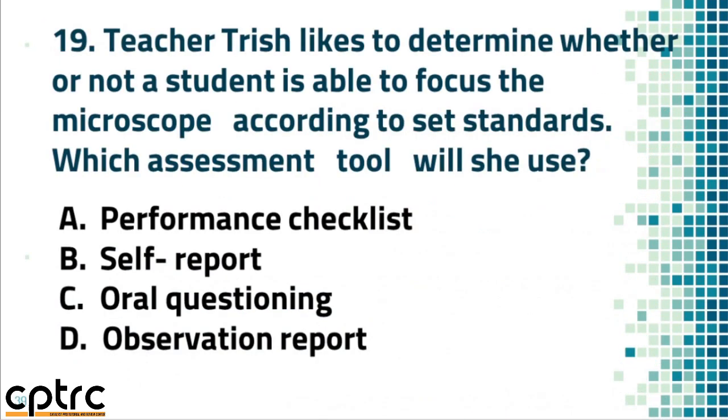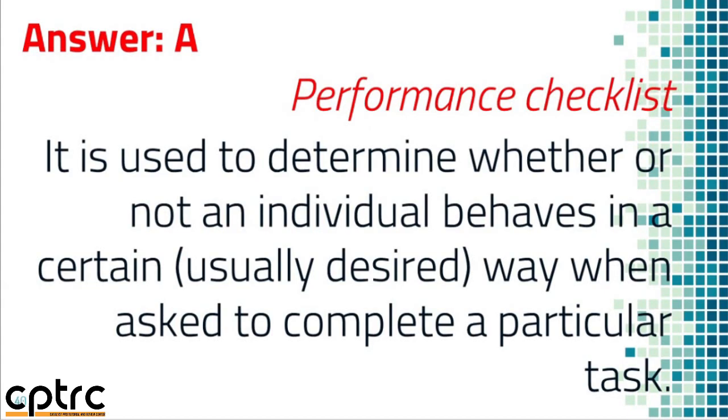Item number 19. Teacher Trish likes to determine whether or not the student is able to focus the microscope according to set standards. Which assessment tool will she use? In this type of question, Teacher Trish is trying to assess the students using a performance-based assessment. So what specific assessment tool will the teacher be using? The correct answer is letter A, performance checklist.